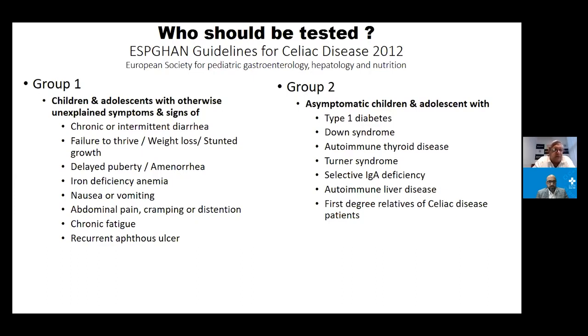Group 2 will be asymptomatic children and adolescents with risk conditions. They should be tested for celiac disease.